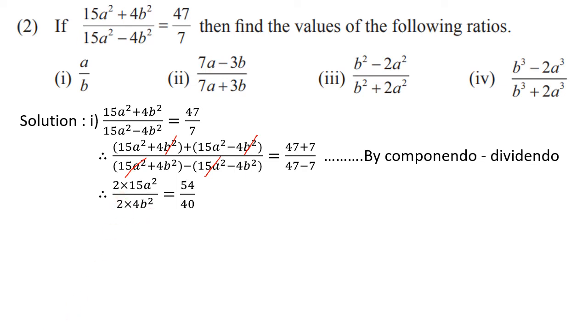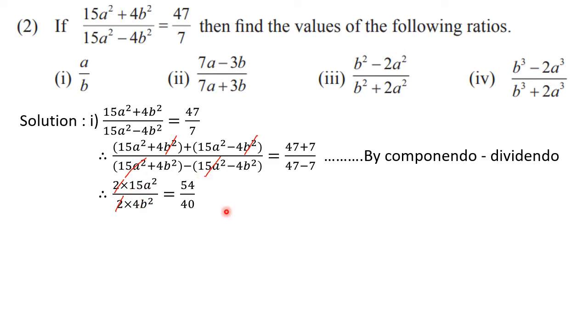So that again here you know that we can cancel these 2 and 2 from both the sides. And here this 54 and 40. Okay, here also we can go for cancellation, or afterwards this 15 upon 4 we can shift it this side and then we can go for cancellation.